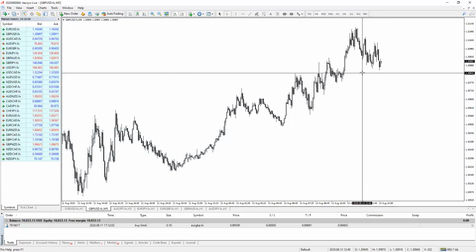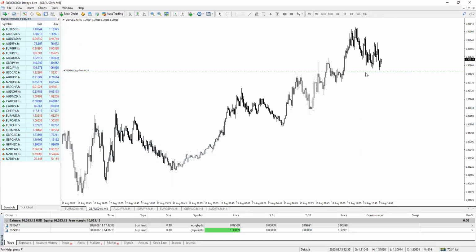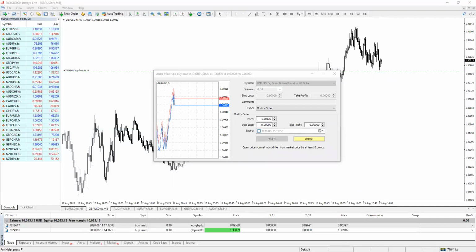Let's take it from this decision point right here, buy limit, and let's set a stop loss downwards.